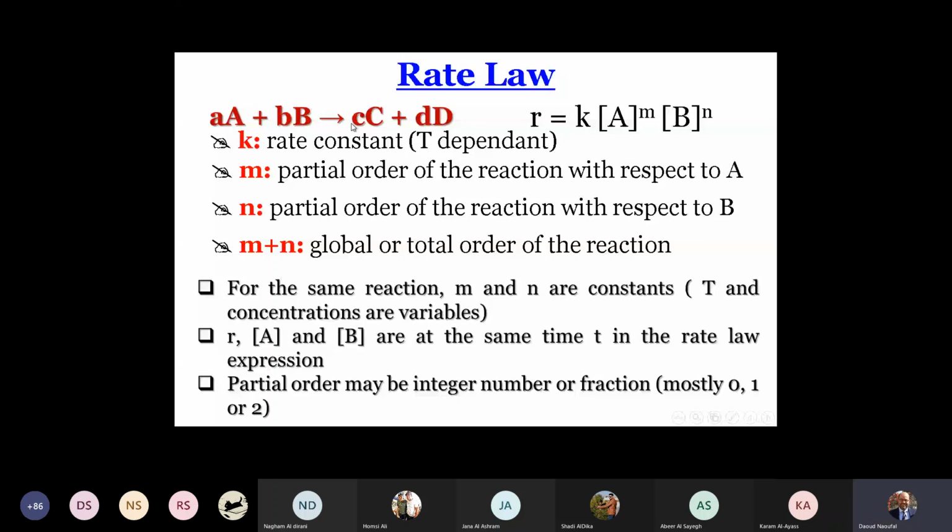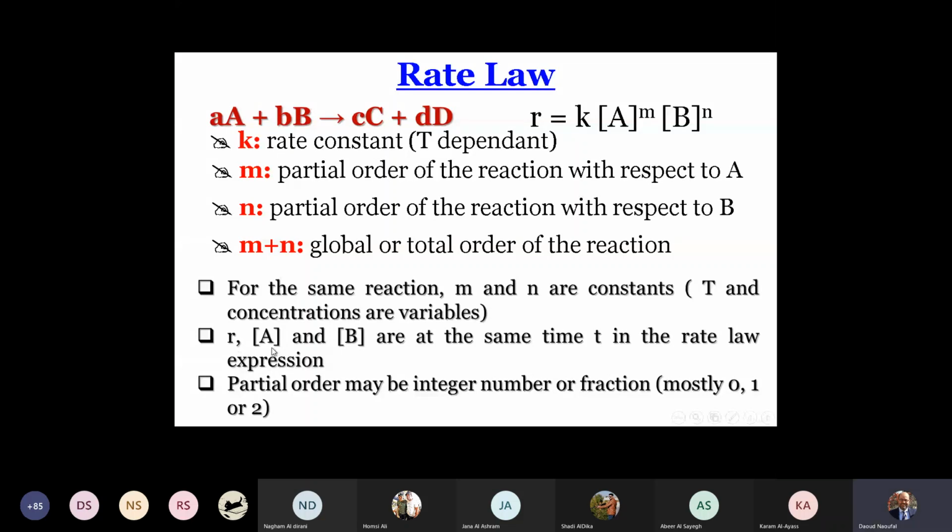I repeat this experiment, an independent experiment, but I start at initial concentration A2 of A and B2 of B, and suppose I change the temperature. So in these two experiments, I change the temperature and the initial concentrations of the reactants. But since the nature of the reaction is the same, m and n are the same in the two experiments.